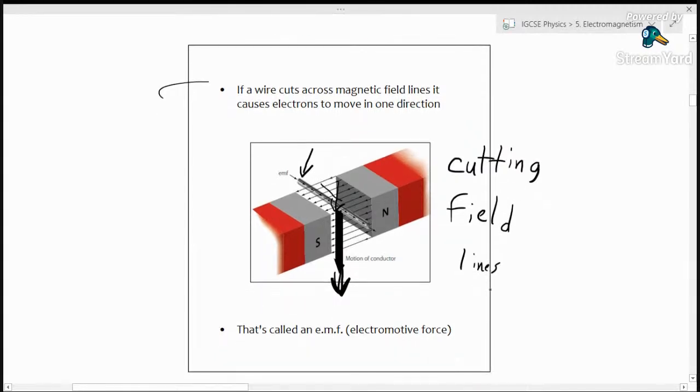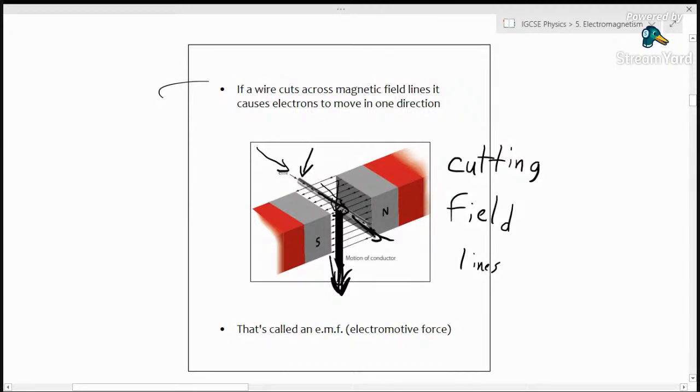When this piece of wire is pushed down and it cuts across these field lines, what that causes is the electrons inside the wire getting a push. They're all getting a push the same way. Let's just assume that push is in this direction right now. As this wire gets pushed downwards, all the electrons in it will receive a push, in this case to the right.